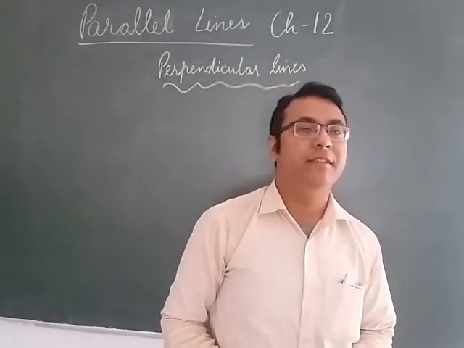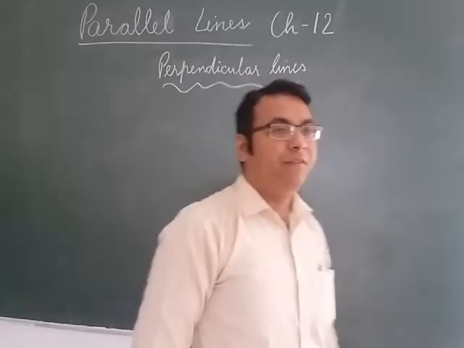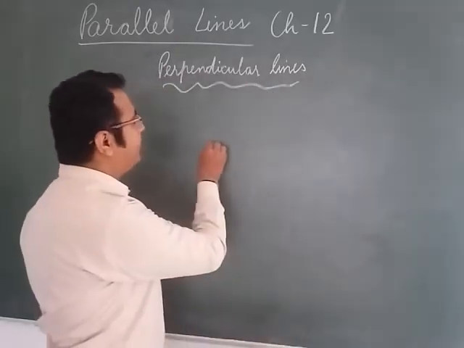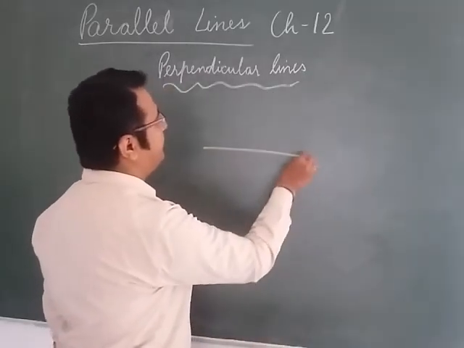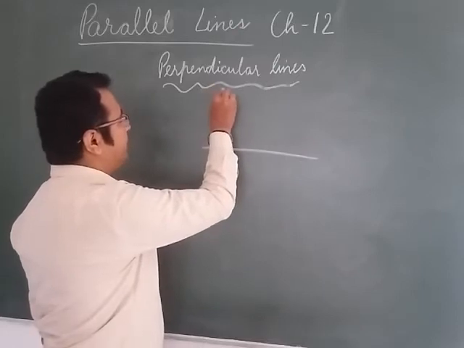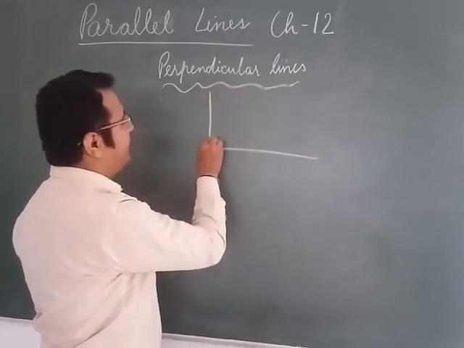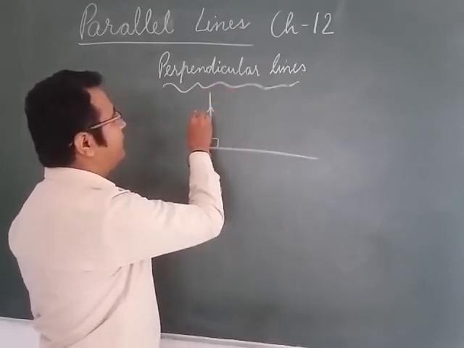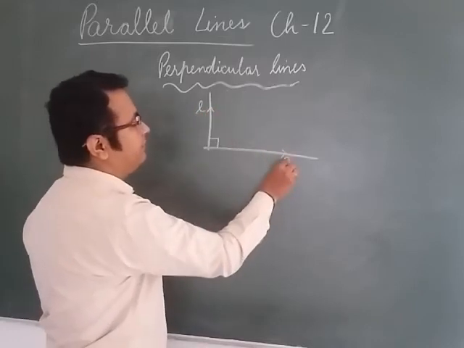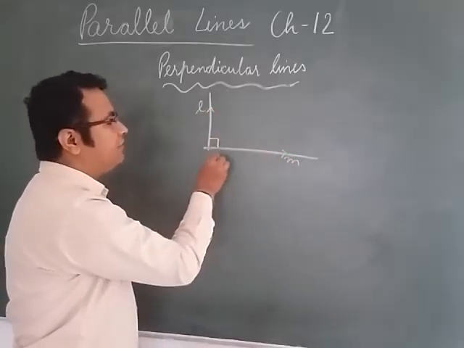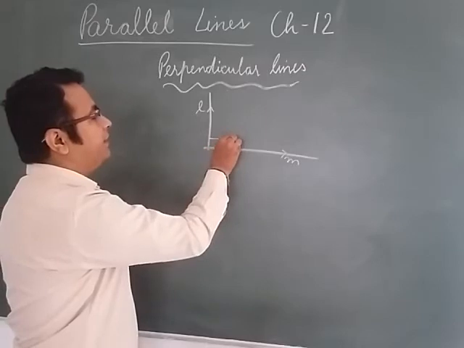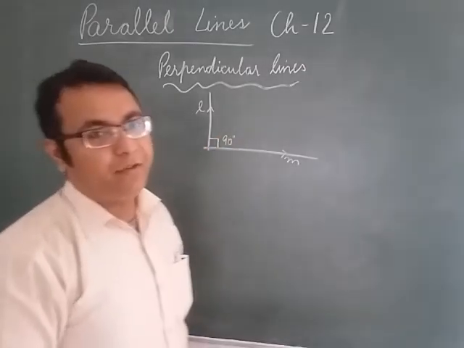Two lines are said to be perpendicular if they make an angle of 90 degree with each other. This is one line, and suppose this is another line. Let's say this is line L and this is line M. The angle between both these lines should be 90 degree. Then only it will be called perpendicular lines.